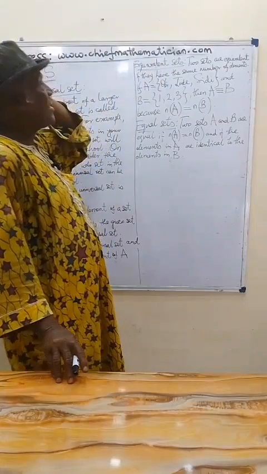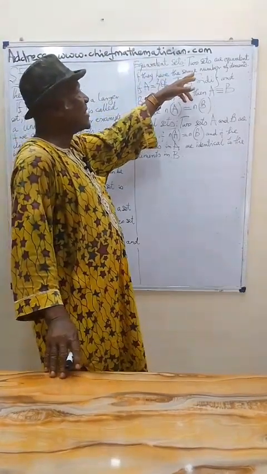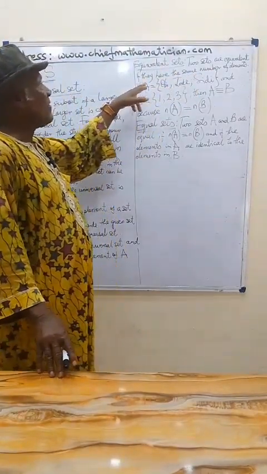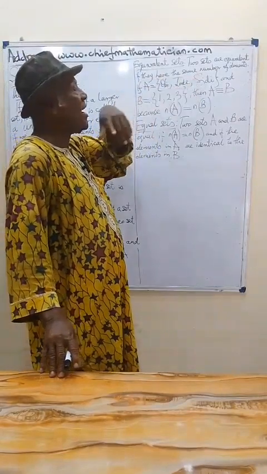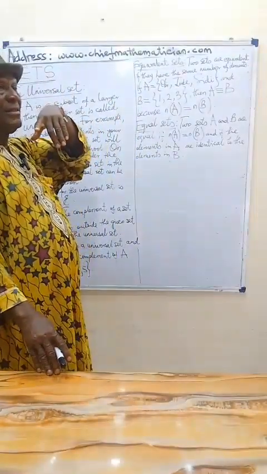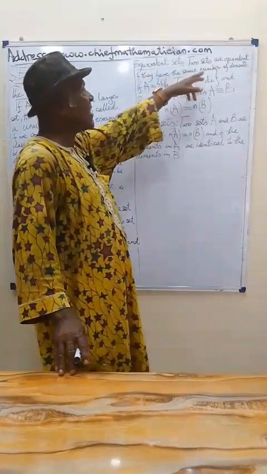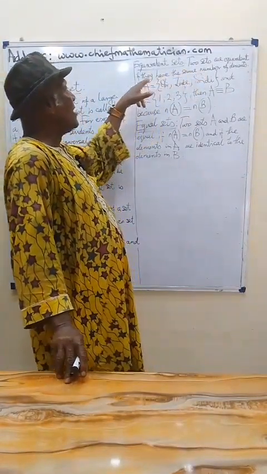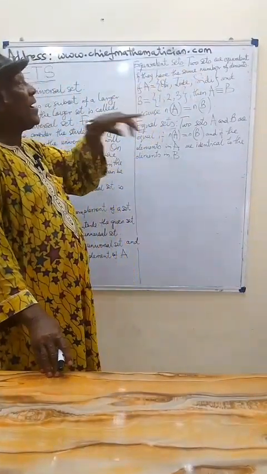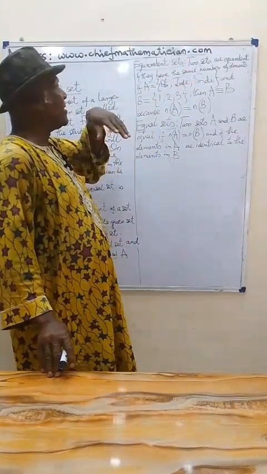Equivalent sets. Two sets are equivalent if they have the same number of elements.